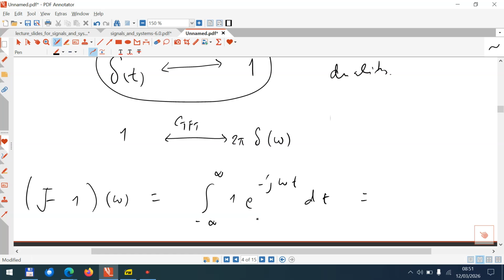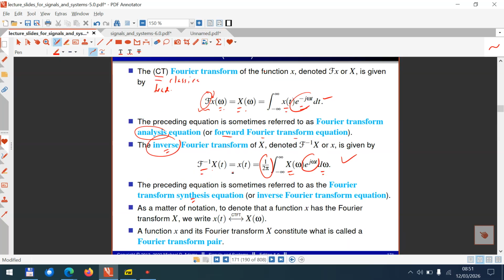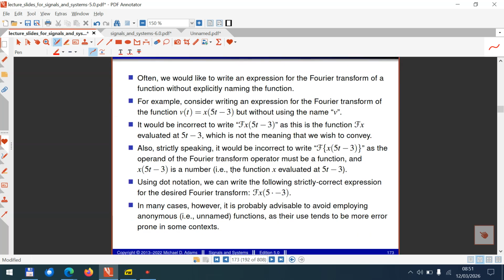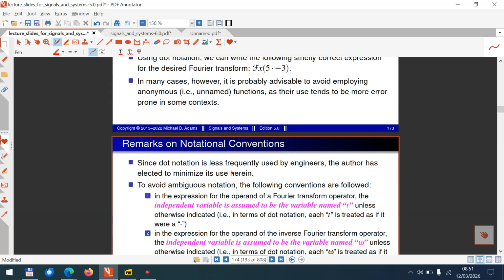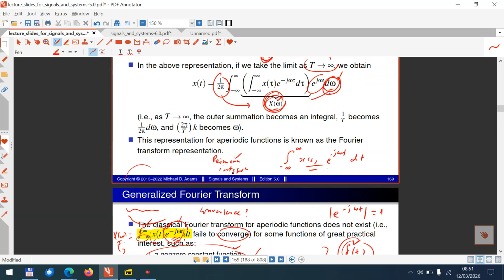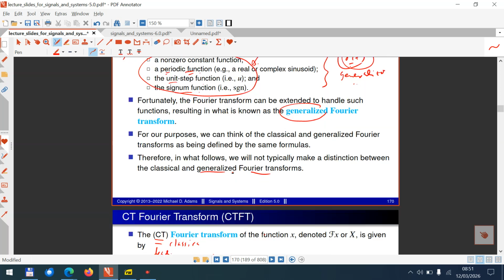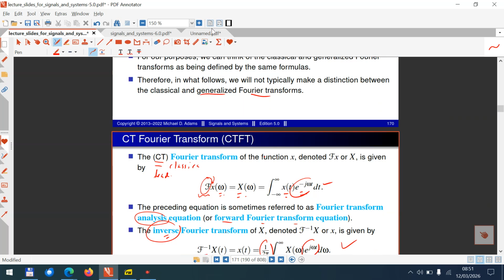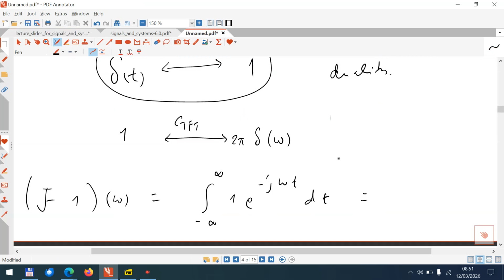What was the problem which we just came across a while ago in the slides? I told you that it was not convergent. It is not converging. This integral will not converge.